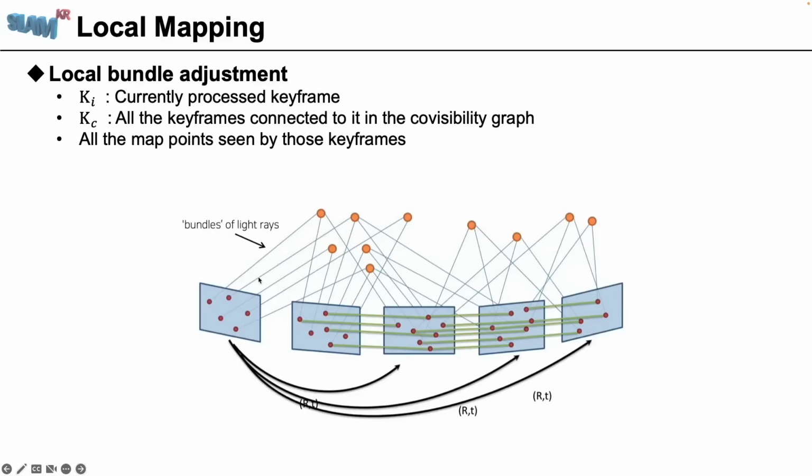We already know the association between map points and keyframes by tracking the features, so we can perform local bundle adjustment of these 5 keyframes. It is processed in the local area. Then we have another global bundle adjustment also, but it will be conducted later.